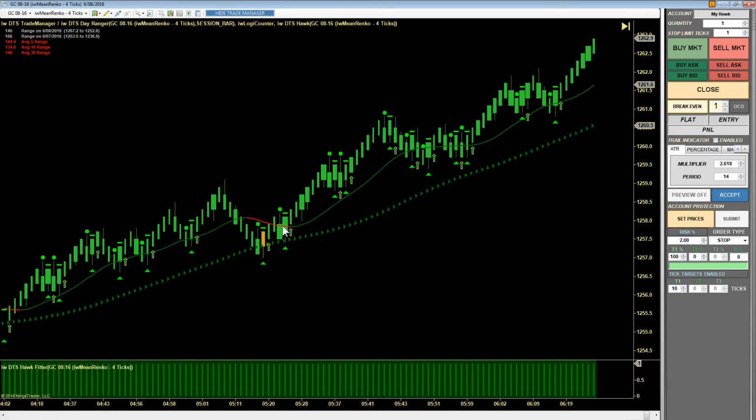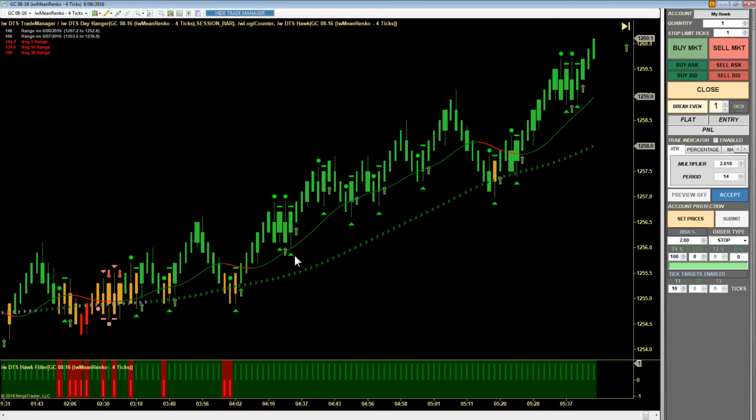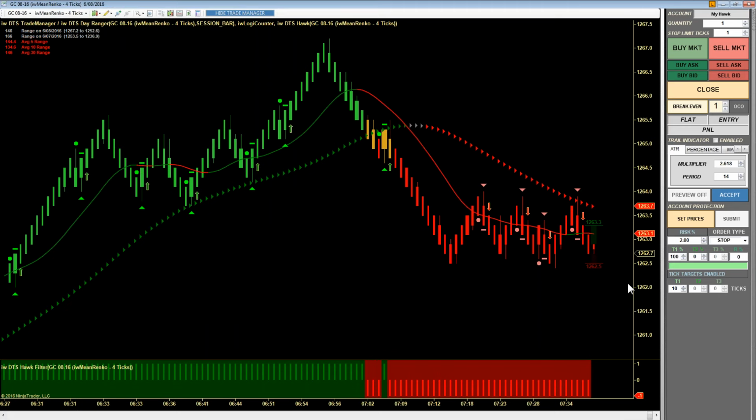Another macro pullback signal. So gold really coming through. And here was the first micro macro cross in the wee hours this morning. But not much since the North American index opened.